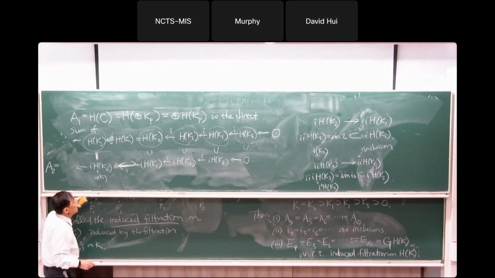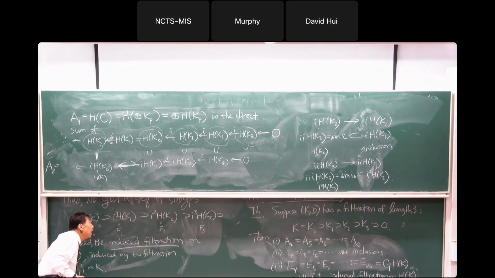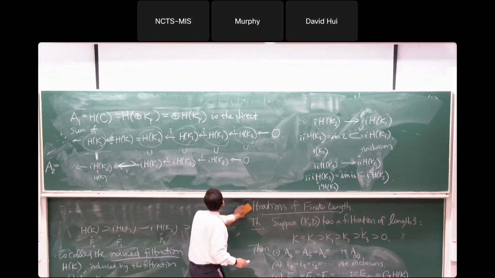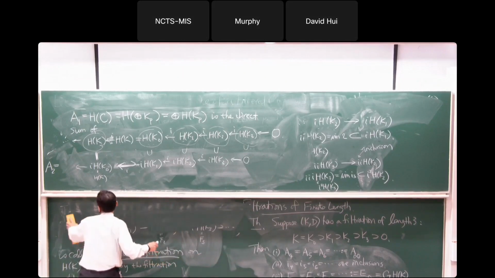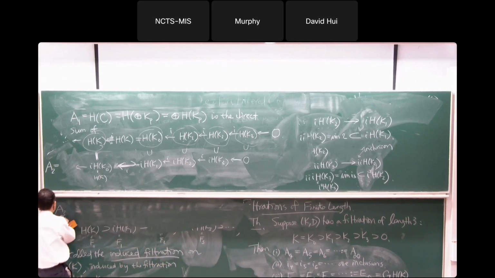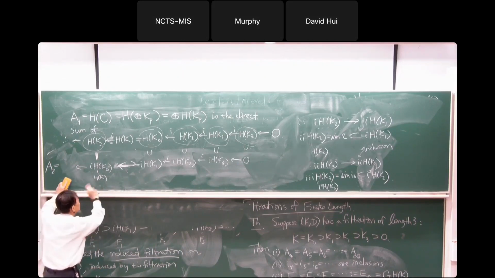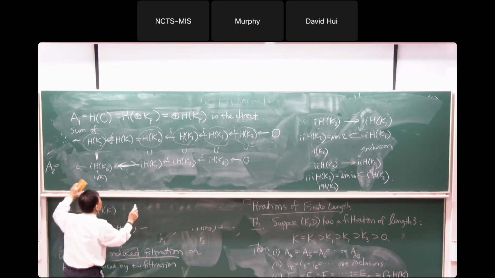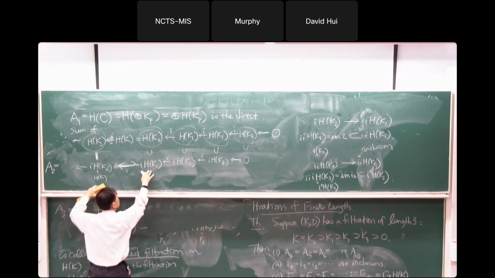So now let's look at A3. I'm going to write directly below. Now, A3 is obtained from A2 by applying I to everything. When you apply I to H of K, it's still H of K. And then you apply I to this, but since this I is an inclusion, it doesn't change the group.